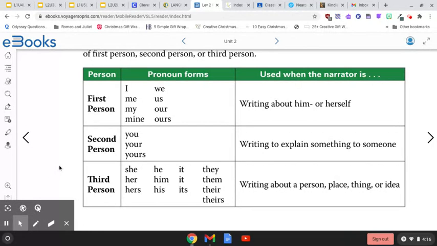Take special note of the pronouns mine, ours, yours, hers, and theirs. We use these pronouns when the object they possess does not follow the pronoun in the sentence.